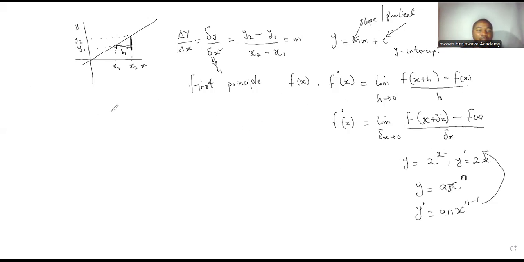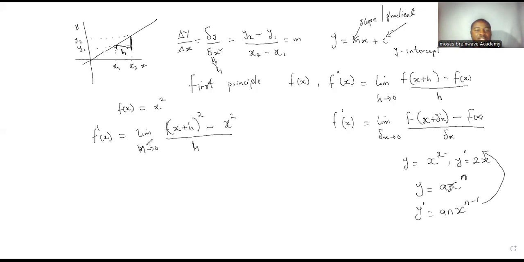So for instance, if I want to differentiate f of x is equal to x squared using the first principle, then f prime of x is equal to the limit as h tends to 0 of the function x plus h all squared minus f of x. f of x is going to be x squared, then this is upon h.